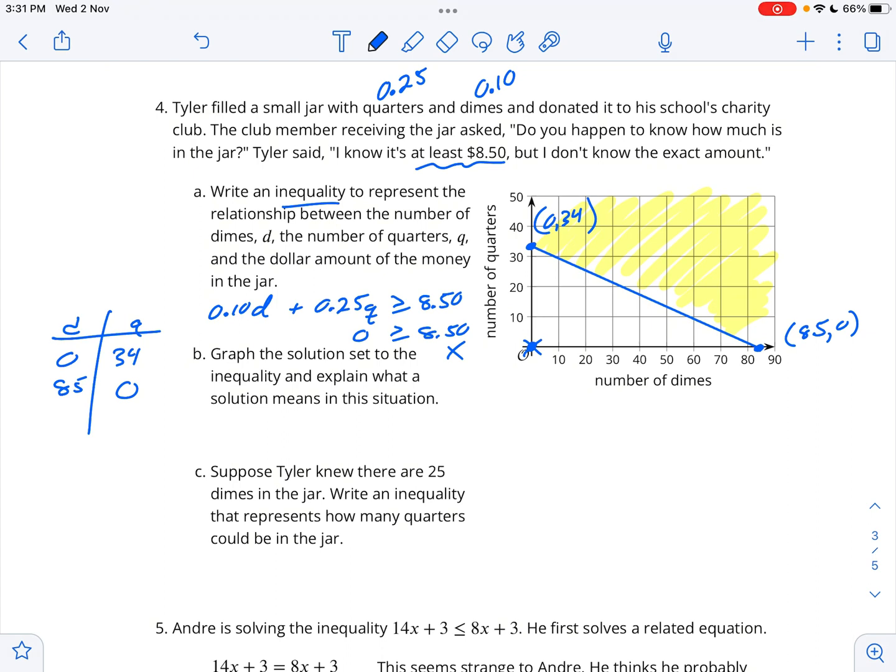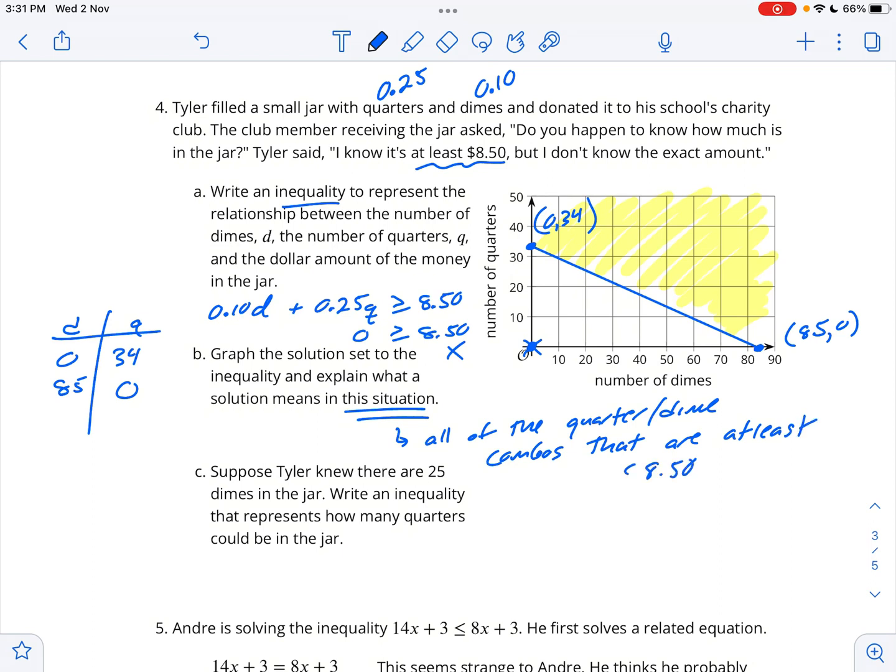Okay, and so what does that mean in this situation? So this would be all of the quarter, dime combos that are, actually, let me use the same language, that are at least $8.50.